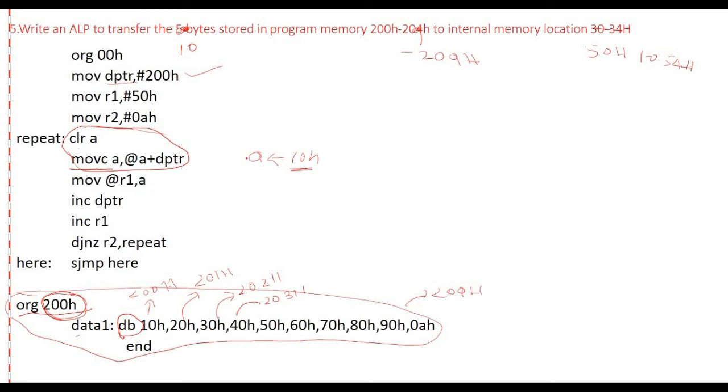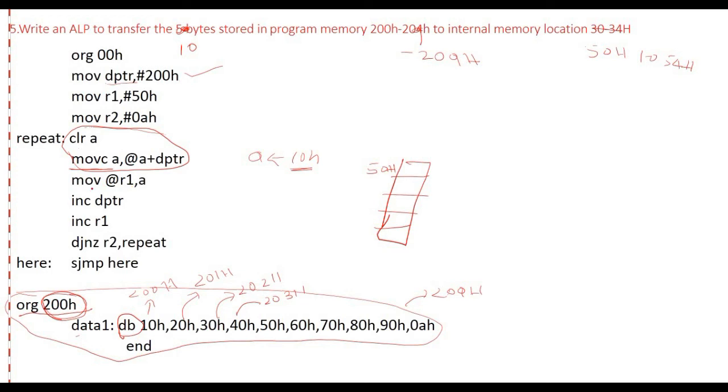Next, the destination location is 50H. When the instruction MOV @R1, A is executed, see, here I have not used MOVC, because this is the internal RAM.